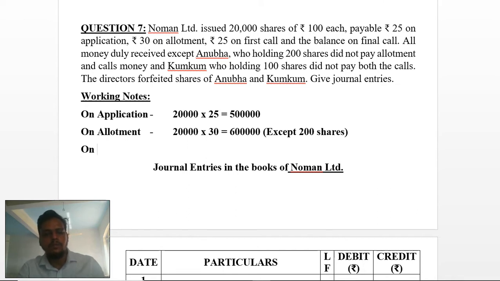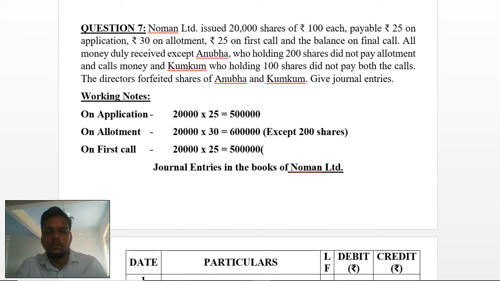Now, first call. On first call, 20,000 multiplied by 25 we have to receive. Here the amount has been mentioned very clearly, so it is not difficult to enter. Now 5 lakh rupees has to be received on first call.